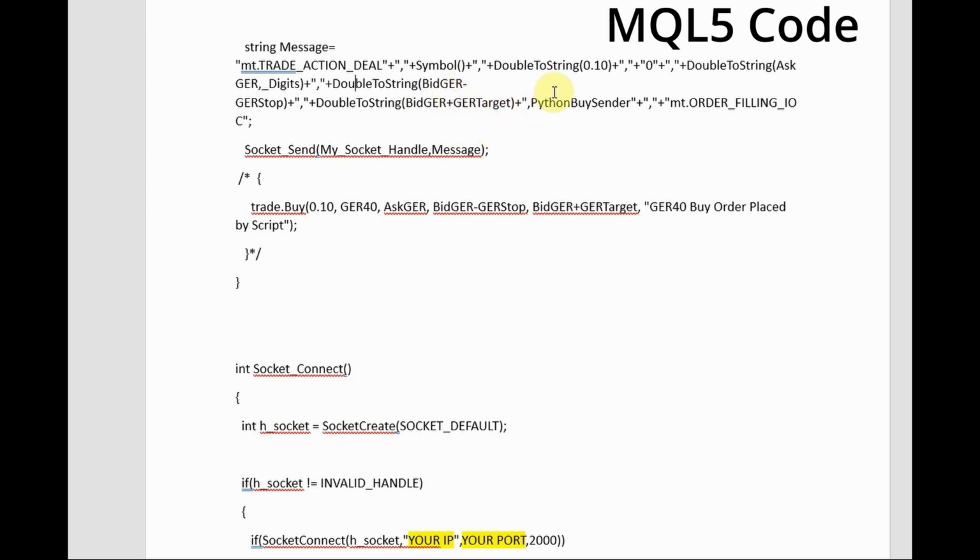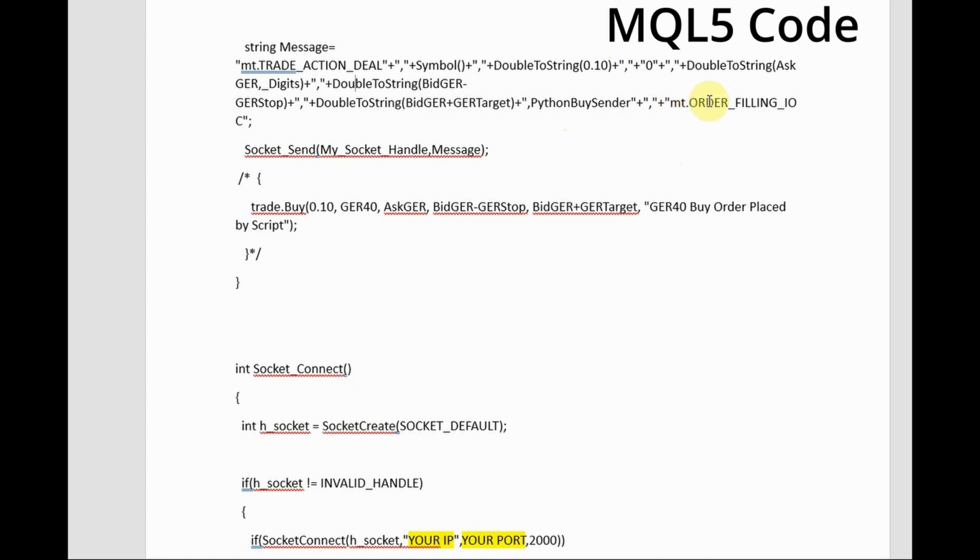Basically, if that's 15,000 as the entry or the bid price plus 30 points, it'll be 15,030 as the set target. We've just got a comment here, so that can be any words you like to basically help you identify what a trade is, or for whatever reason you want to have a comment in there. Just taking note of the comma placement in the quotation marks and the plus signs because it does get a little bit tricky, so make sure you're careful with how that comes through.